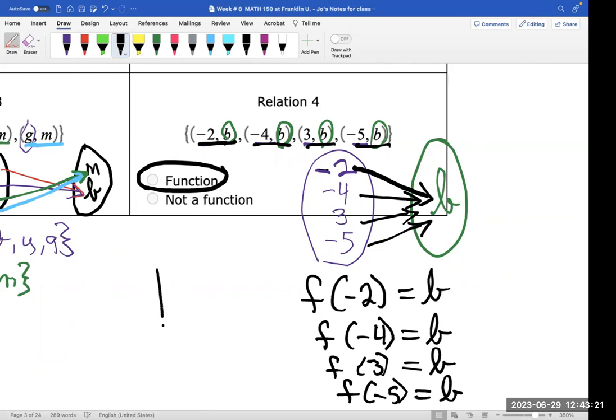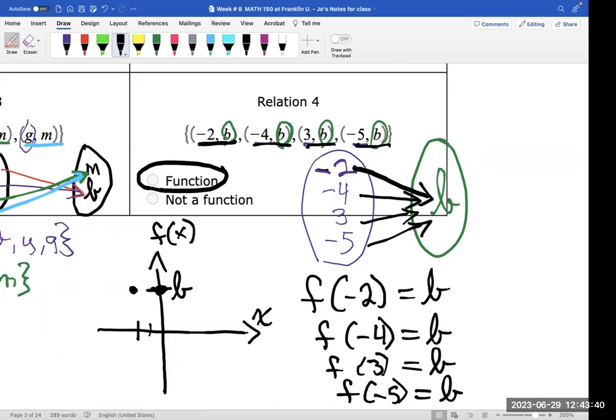If I were to graph this on a typical Cartesian coordinate plane, my X inputs and my F of X outputs, that means that -2, I would output a B. I don't know where B is, so I'm going to say that this line right here is B. So input -2, output B. Input -4, output is B. Input a 3, output is B. Input a -5, my output is B. So I have 4 elements in my domain.